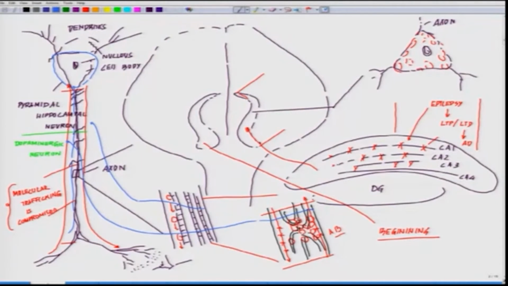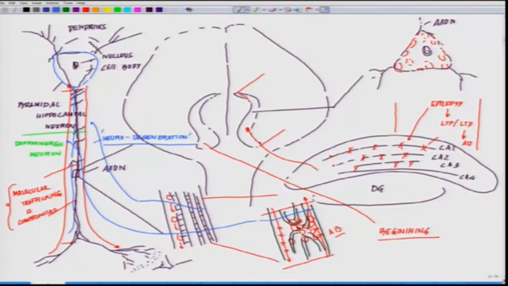So apparently there is the same type of neurodegeneration, and this neurodegeneration is very unpredictable.